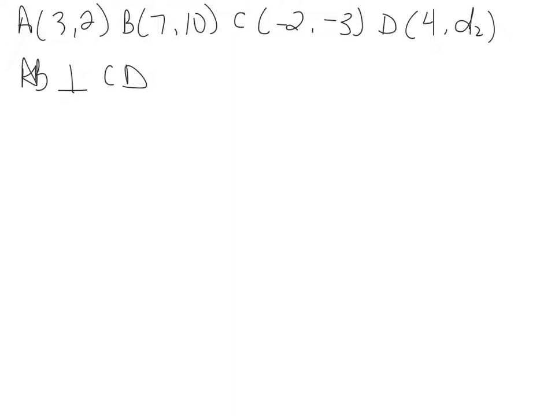So we're going to use the formula that we just came up with in exercise 1, the last slide. We're going to use that formula, and it's going to be helpful to go through each step. So first of all, I'm translating AB to A prime B prime so that A prime is at the origin.